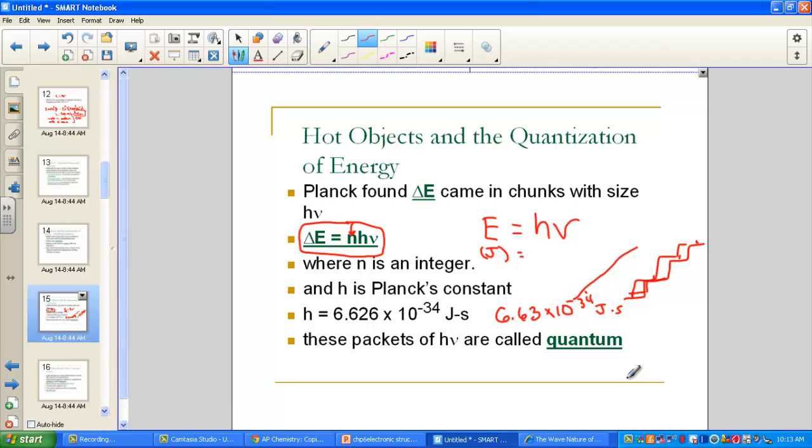Because this energy can be released only in specific amounts, we say that energy is quantized. Its value is restricted to certain quantities, a whole number. This revolutionary proposal that energy is quantized was proved correct, and Max Planck was awarded the 1918 Nobel Prize in Physics for his work in the quantum theory.